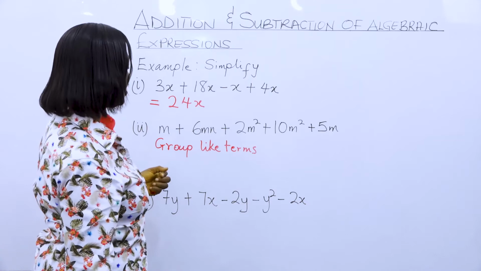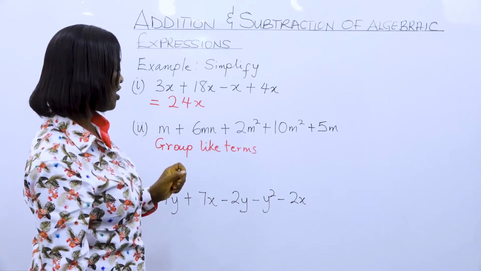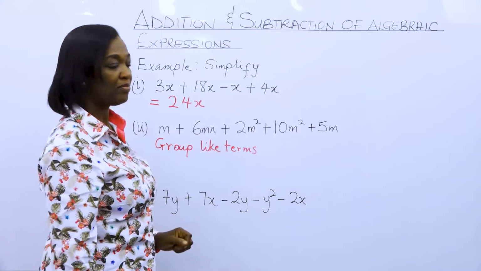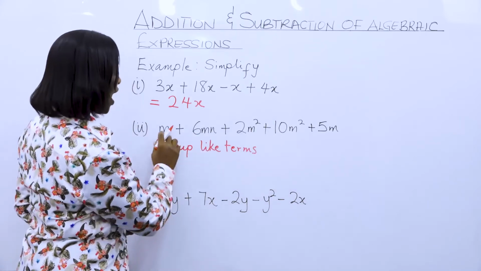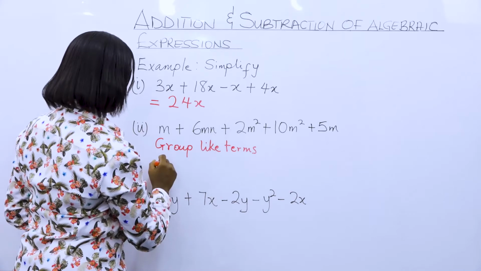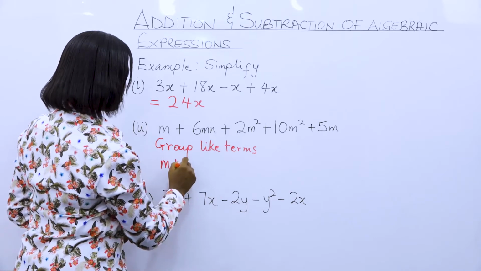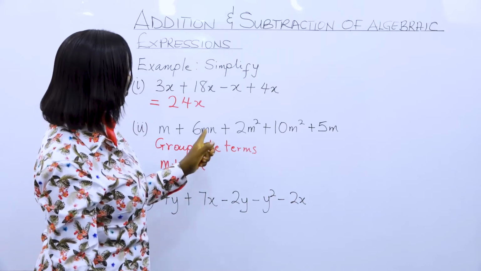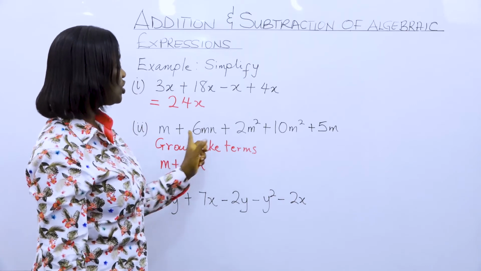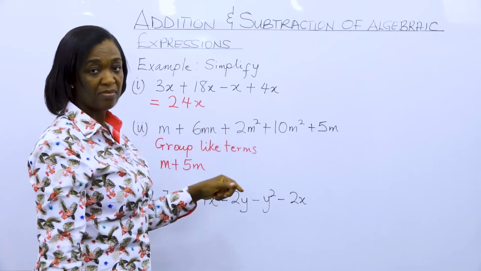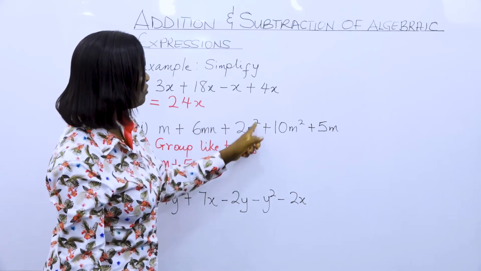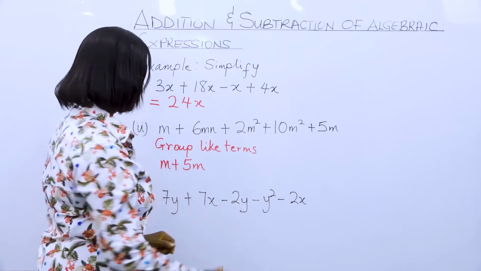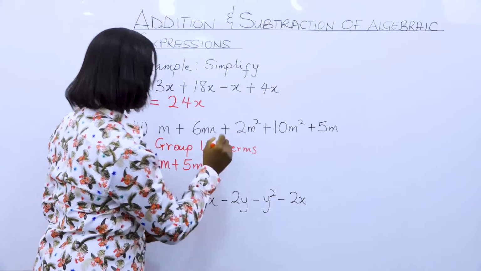And in grouping like terms, the like terms we have here are m and 5m. So we have m plus 5m. Then we have 6mn, which does not have any like term. Then we have 2m squared and 10m squared, which are like terms. So I choose to write those next.